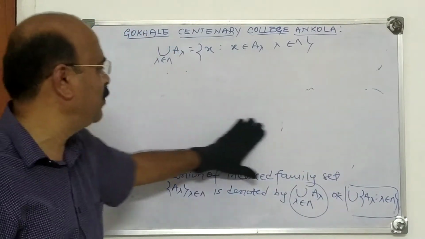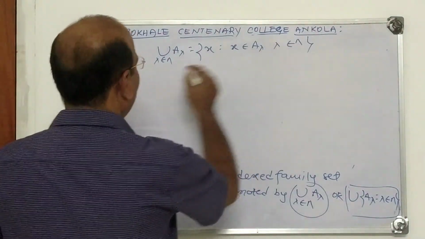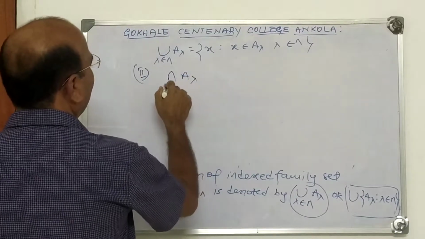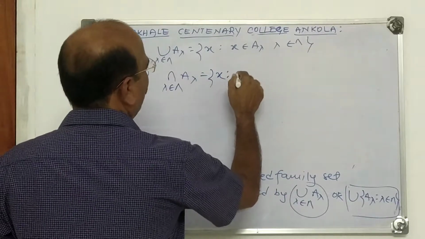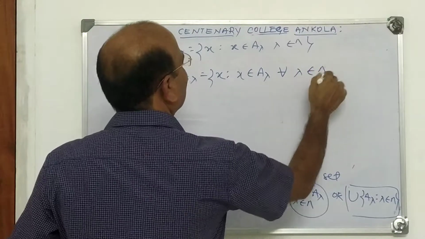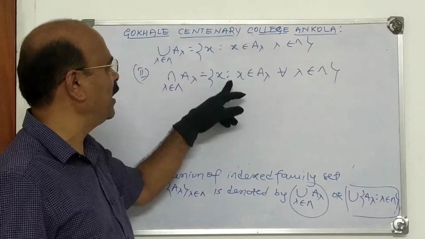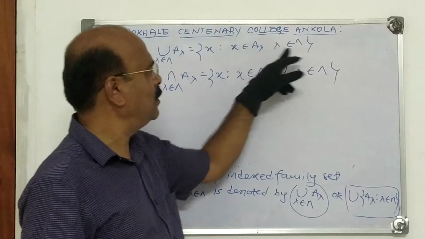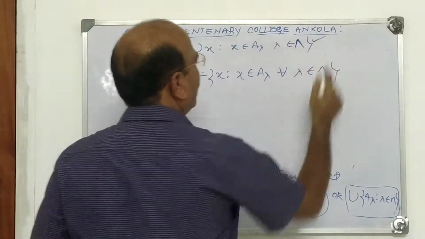So how is union A lambda defined? It is the set of all x such that x belongs to A lambda, lambda belongs to lambda. Second, intersection A lambda, lambda belongs to lambda. It is defined as the set of all x, x belongs to A lambda for all lambda belongs to lambda. Can you find any difference here in the union and intersection definitions?